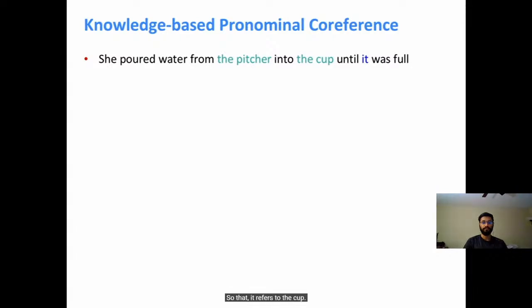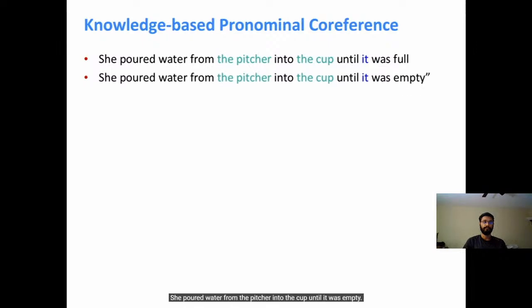Okay, so that it refers to the cup. But then let's look at this example. She poured water from the pitcher into the cup until it was empty. What does it refer to? The pitcher. Okay. So the crucial thing to notice in these two sentences is that they have identical syntactic structure, right?